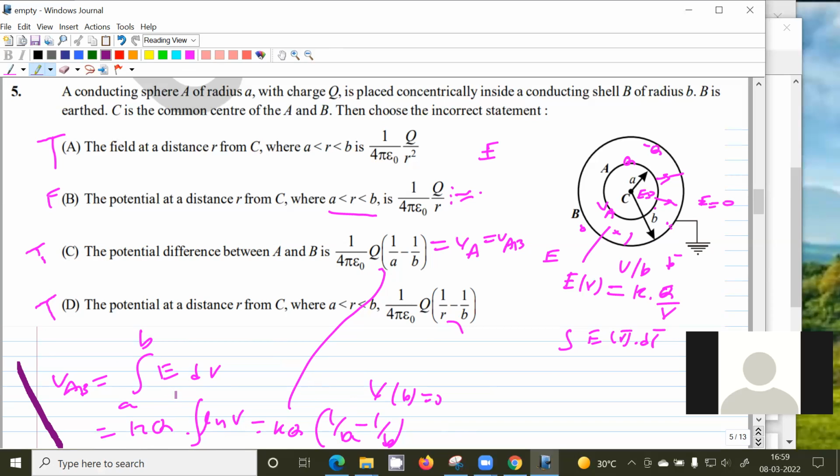Hold on, I made a mistake. If you differentiate ln, you get 1 by A. Yeah, there is a mistake here. It should be ln. Then it is ln A minus ln B. It is ln A by B. That's what I told you. Yeah, after integrating, it's ln.